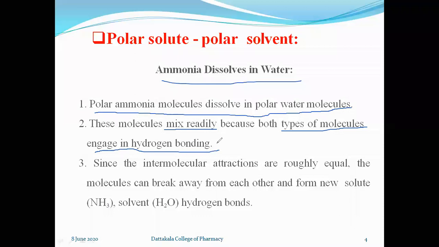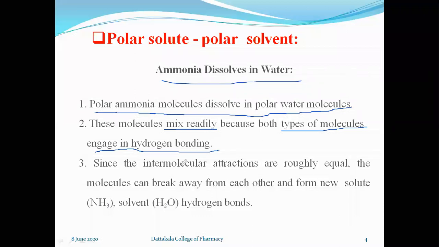Means what? The ammonia molecule itself has hydrogen bonding capacity. The water molecule itself has hydrogen bonding capacity. And when ammonia and water come together, they will start to form linkages, the hydrogen bridges, that is, hydrogen bonds between the ammonia molecule and the water molecule.